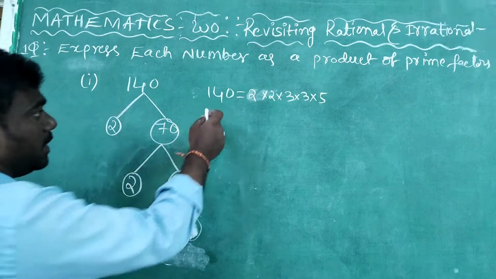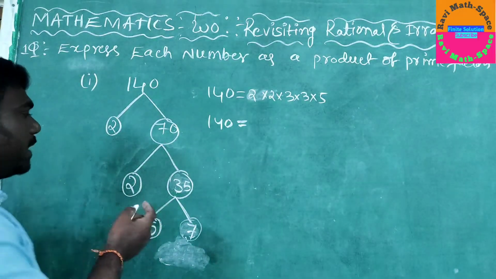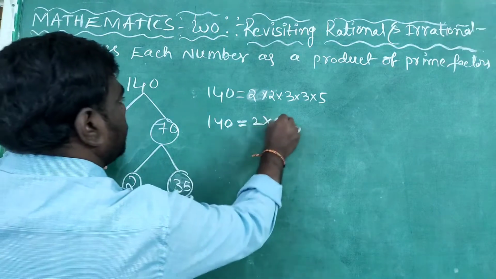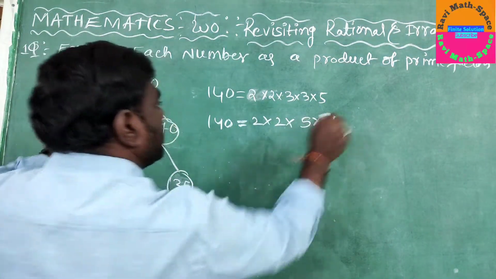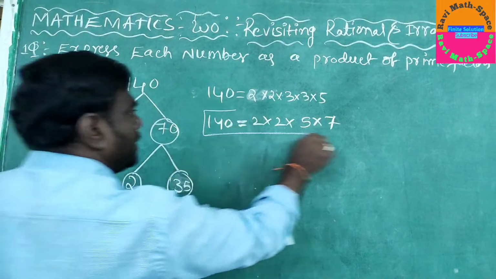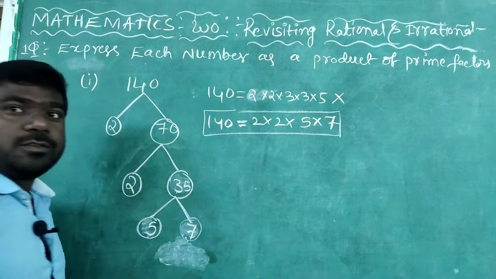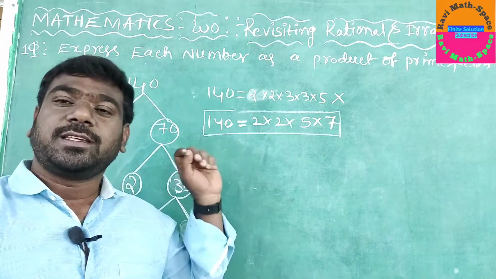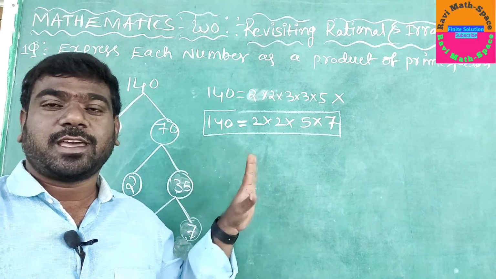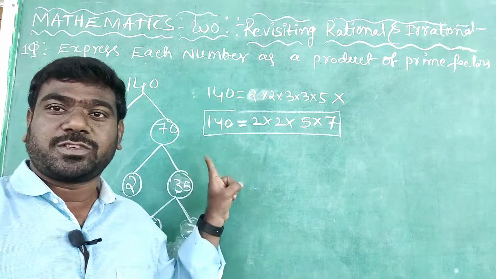Therefore, 140 can be represented as a product of its prime factors, that means 2 into 2 into 5 into 7. This is the correct answer. The earlier one was the wrong answer. So sorry for the small mistake I made here. Please rectify that mistake. I hope you understand the concept for this question.